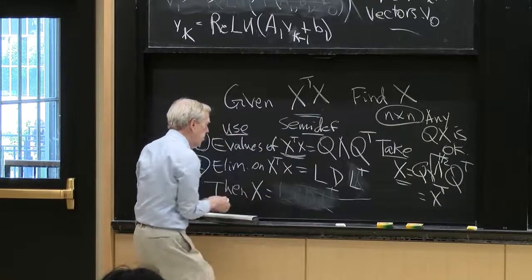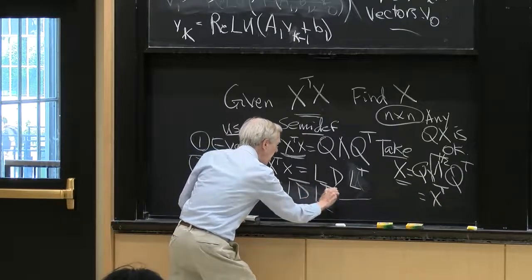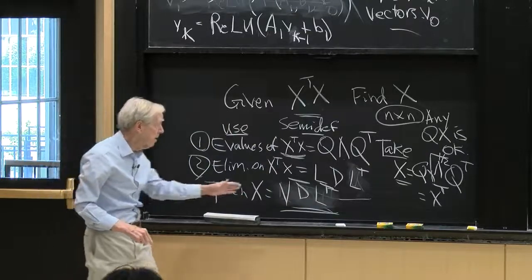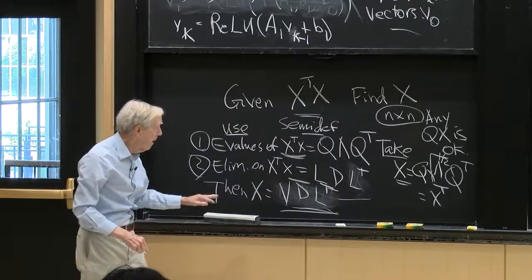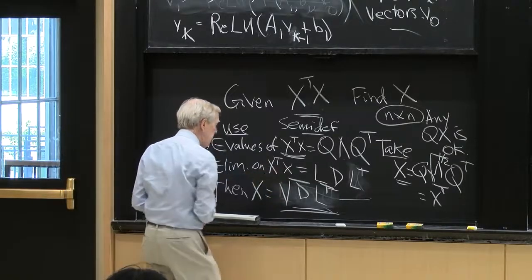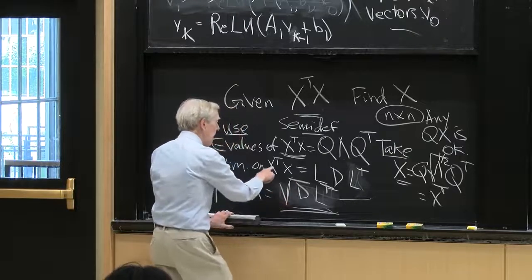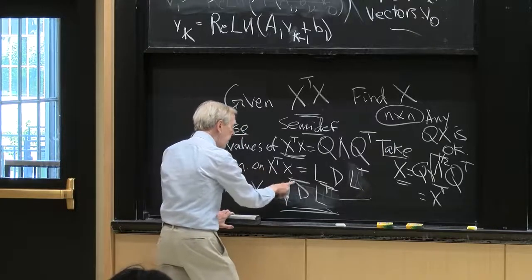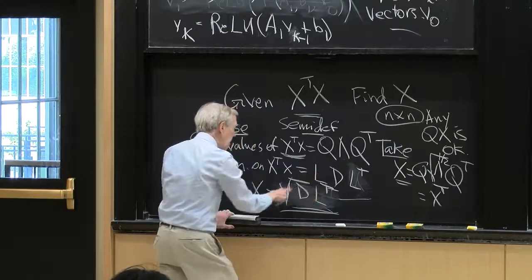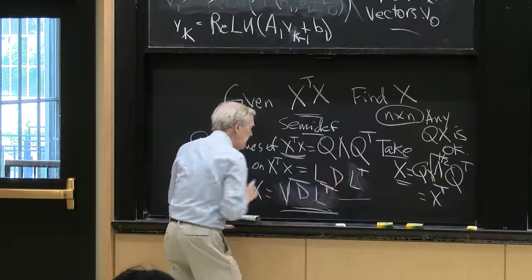The X part should just be the square root of D L transpose. The X is now a triangular matrix: the square root of the pivots and the L transpose part. And now when I do X transpose X, you see it coming out correctly. X transpose will be L transpose transpose, which gives me the L. Square root of D times square root of D will give the D, and then the L transpose is right.